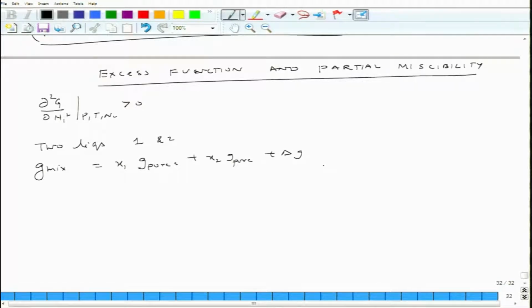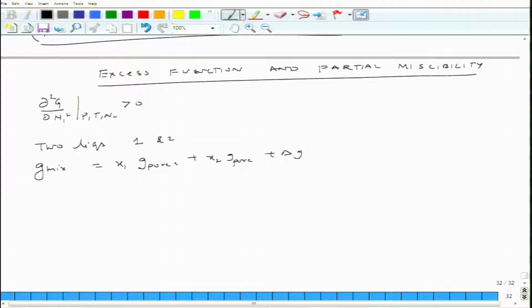Now, let me just draw this particular function with respect to n. Instead of just del of G, you can also look at del of delta G. So, del of delta G is also an equivalent statement.